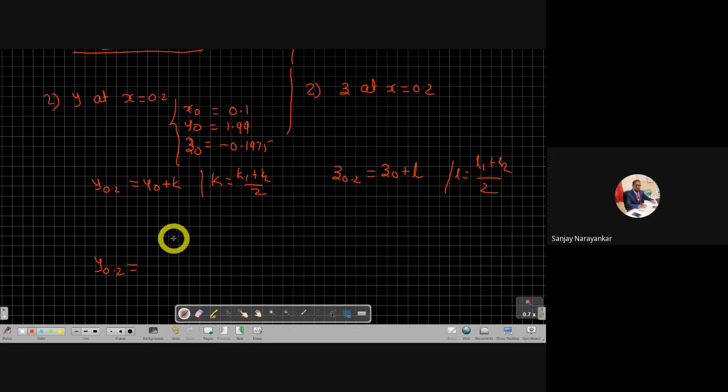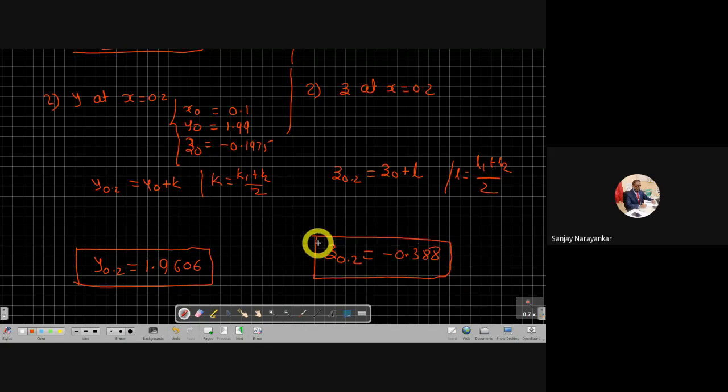And at the end, you will get y at 0.2 is equal to 1.9606 if my values are correct, and z at 0.2 is equal to minus 0.388. Check these values. I'm just writing directly the values that I have right now with me.